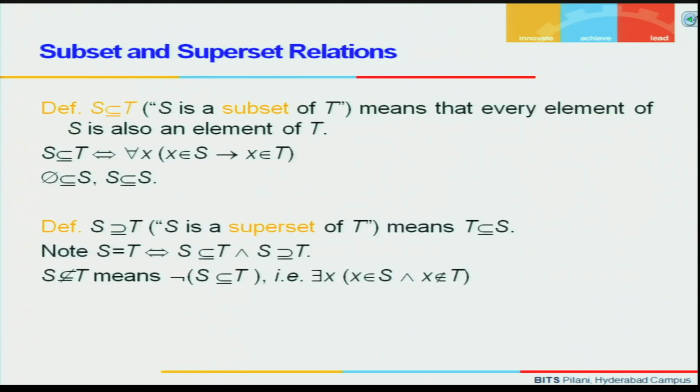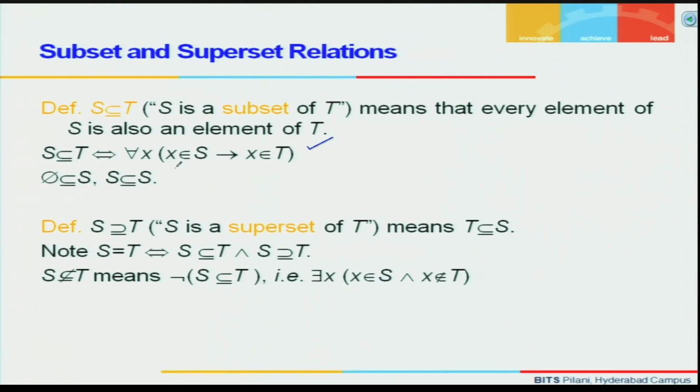Now, when you have got two sets, one set can be a subset of T. We can define S as a subset of T whenever all the elements in S are going to be in T as well. Then we say S is subset of T. Equivalently, this is the great use of the logic that we have studied, isn't it?